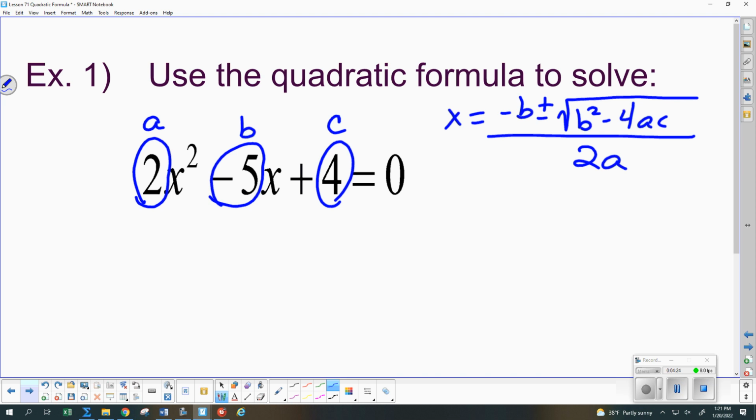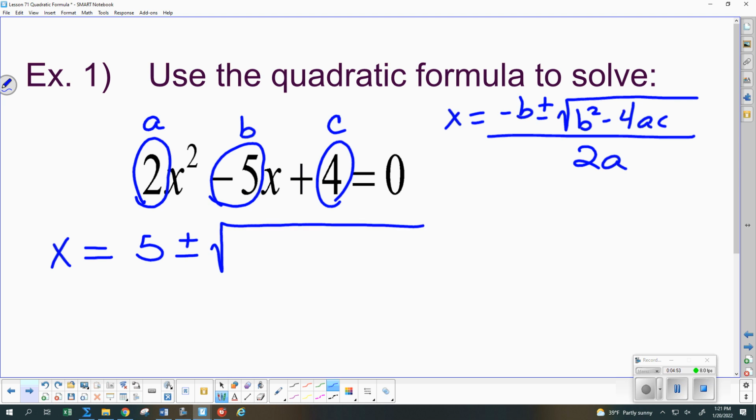And I do want you to show me what's going in where when you use the quadratic formula. Don't just do it all mental math and try to write down what you get. No, you don't necessarily have to write the times ones and some things that are that easy. But for the most part, write it down. You'll make fewer mistakes. So x is the opposite of b. The opposite of that negative 5 is a positive 5. Plus or minus the square root.